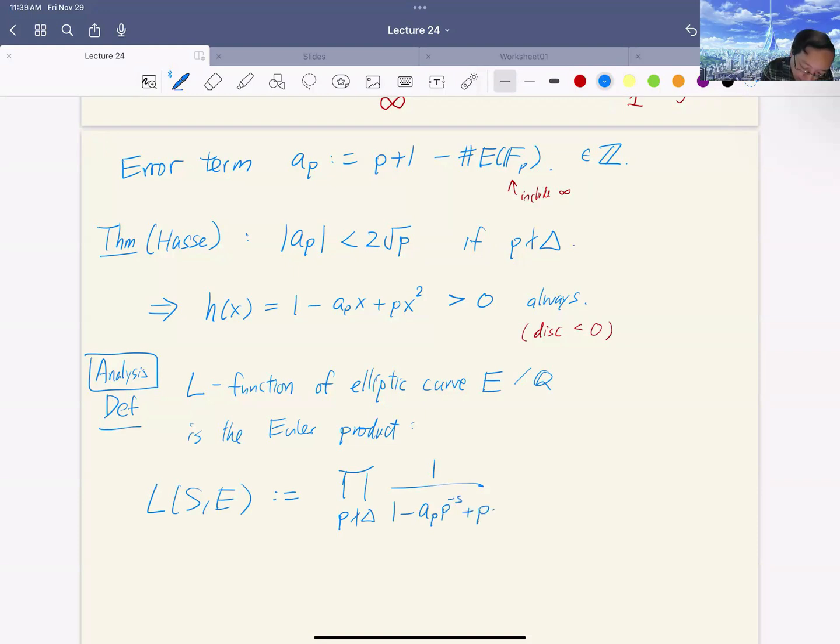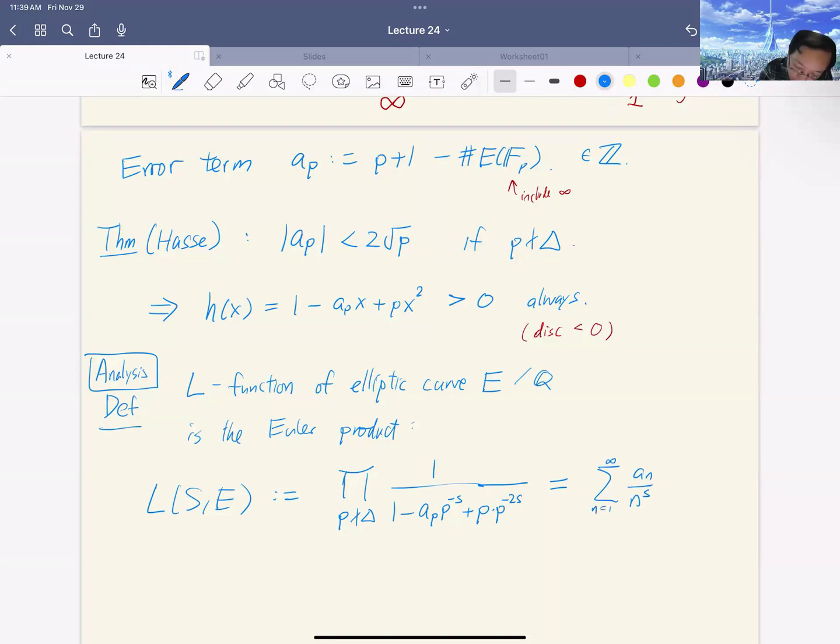So this is slightly more general than the Euler product. The Euler product we usually have is just 1 over 1 minus p to the minus s, linear, but here somehow we have quadratic instead of linear. But that's the idea. In any case, these are integer coefficients. a_p is an integer, p is an integer. So you can just use geometric series and rewrite this as a Dirichlet series also.